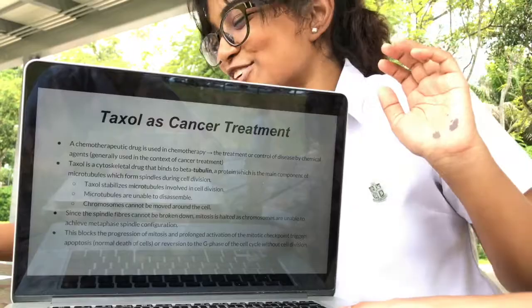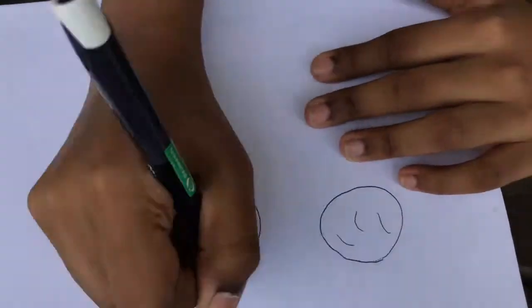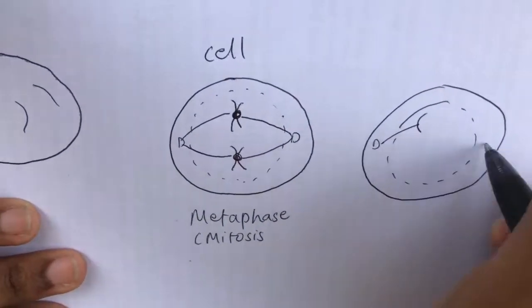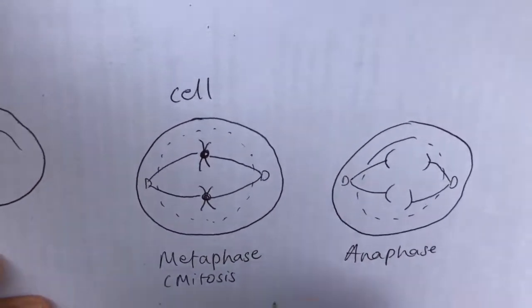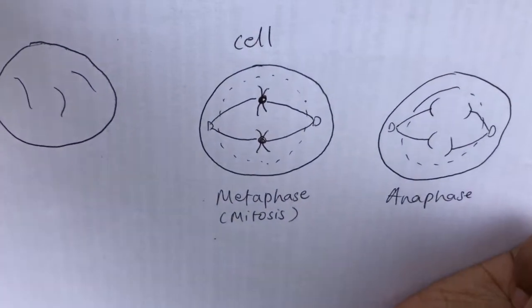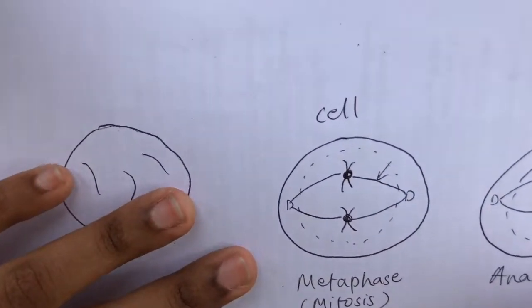So I will draw a diagram for you to see. Okay, this is called anaphase. You don't need to know that, but because Taxol is a cytoskeletal drug, it will bind here, right?